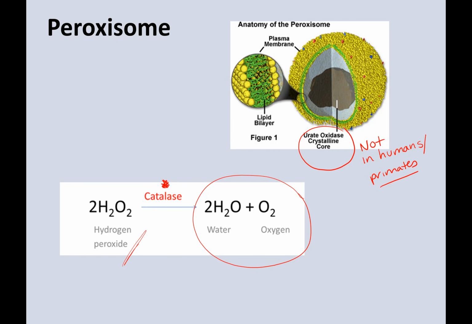And so the question is, why did we lose the function of this? Urate oxidase, like I said, catalyzes the breakdown of uric acid. And if you have an accumulation of uric acid, you get a disease called gout.